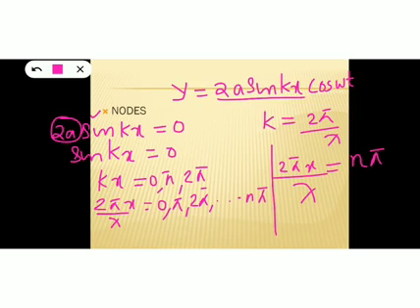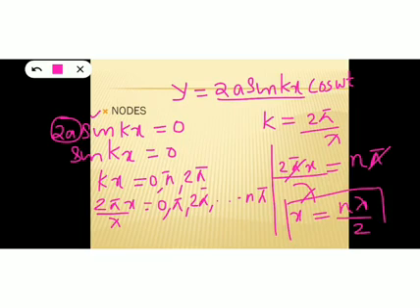Here you have a pi, here you have a pi, it will be cancelled. From this you will get x is equal to n lambda by 2, where n is equal to 0, 1, 2, etc.